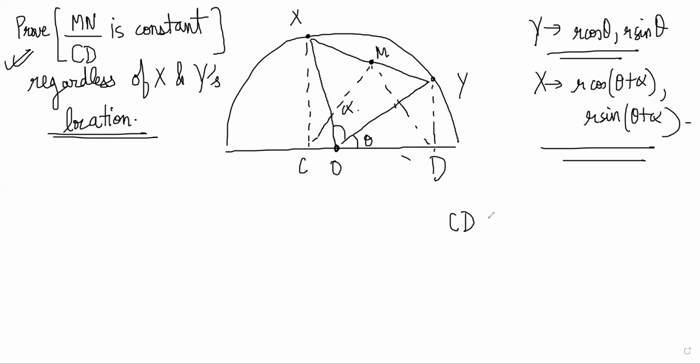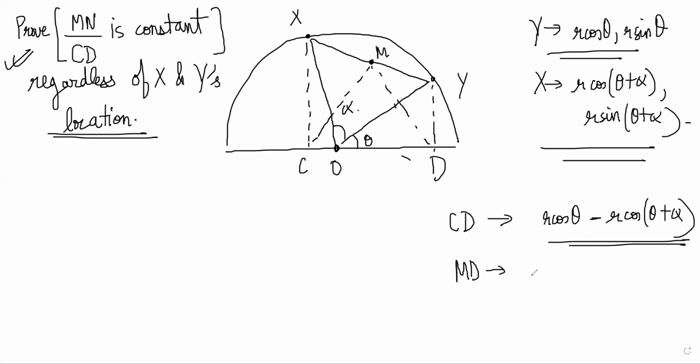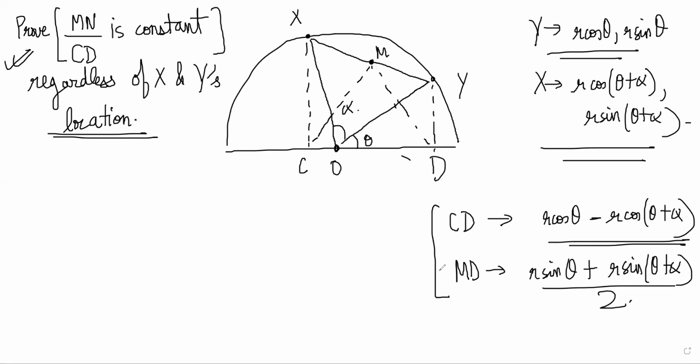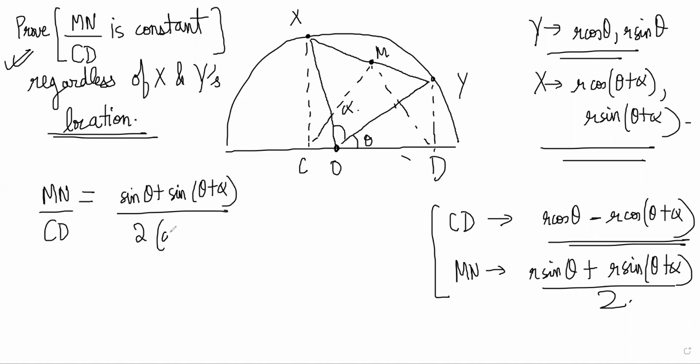Now, CD will become r cos theta minus r cos(theta plus alpha). You can prove that using simple geometry, and MN will become (r sin theta plus r sin(theta plus alpha)) by 2. I'm leaving the steps for you. You can try this out, and you just have to prove that MN by CD, which will come out to be basically (sin theta plus sin(theta plus alpha)) by 2 times (cos theta minus cos(theta plus alpha)).